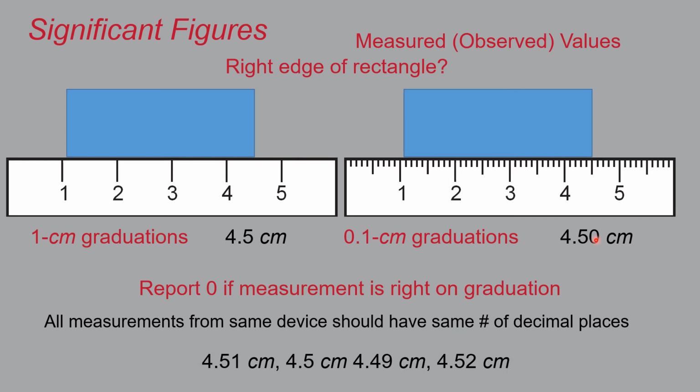For example, if you were measuring a bunch of lengths with this ruler, you would report, for example, 4.51, 4.59, 4.52. If you have one in your column with one fewer decimal place, that probably means it was a case like this where the last decimal place was 0, and you should write it as such. So don't do this.